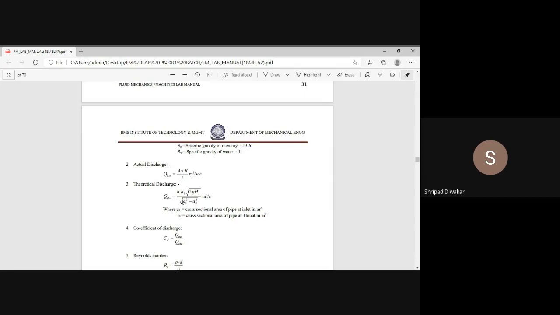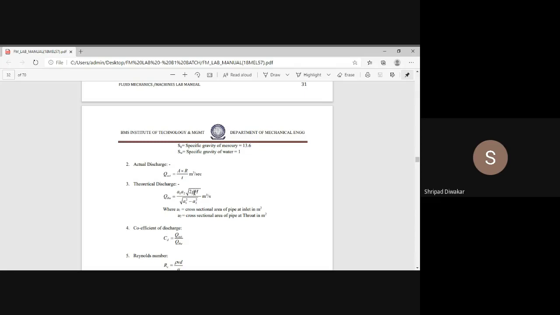That is A1. A2 is pi by 4 into 0.0125 square, because the diameter of the throat section is 12.5 mm. You have to convert into meter. That is 0.0125 meter.